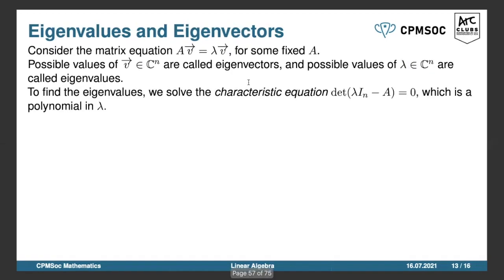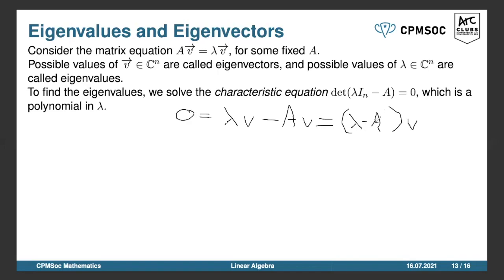And in that case, if we're saying that 0 is lambda times the vector minus A times the vector, and in this case this is the 0 vector, well, we might move this vector out and say that this is lambda minus A times the vector.